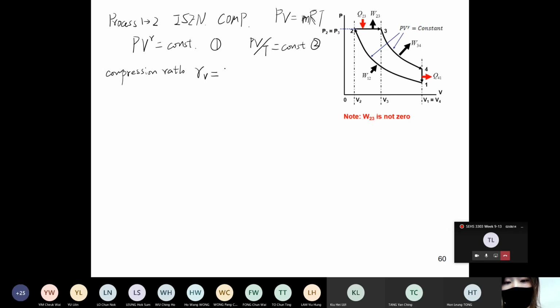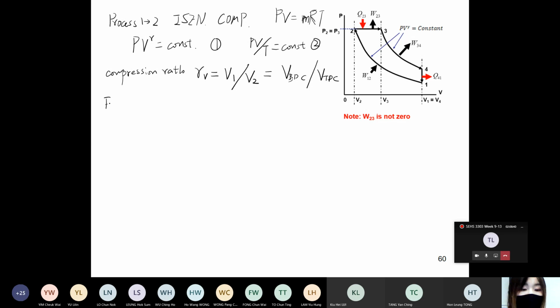That should be V1 over V2, right? That's the compression ratio, V_BDC over V_TDC. Can you follow? Yes, okay.